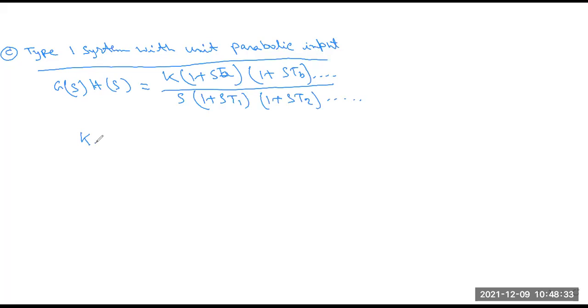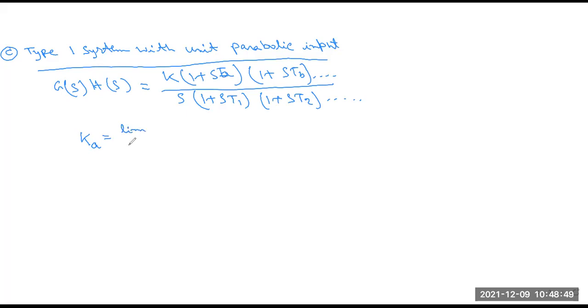When we calculate for the unit parabolic input, it is the acceleration calculation, so Ka is the acceleration constant. This is the expression for the unit parabolic input function.